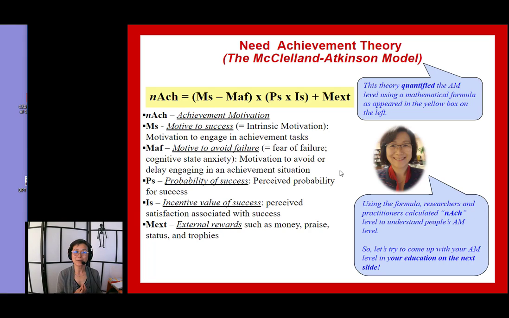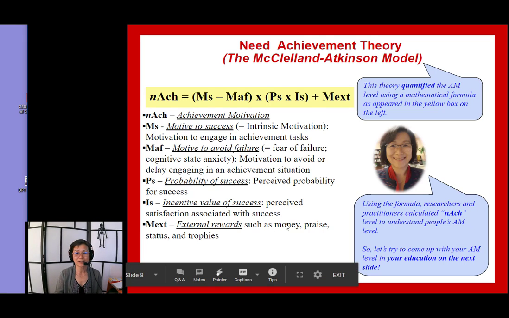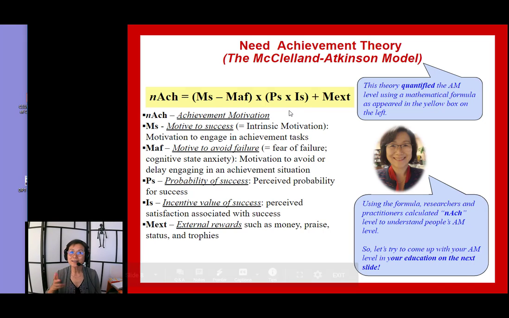It can be money, it can be status, it could be something tangible, it could be something invisible, like your grade, or something external that you will get, even your parental approval can be an external reward. So that's the level of it. So putting that all together in the formula quantitatively, we can determine achievement motivation level.